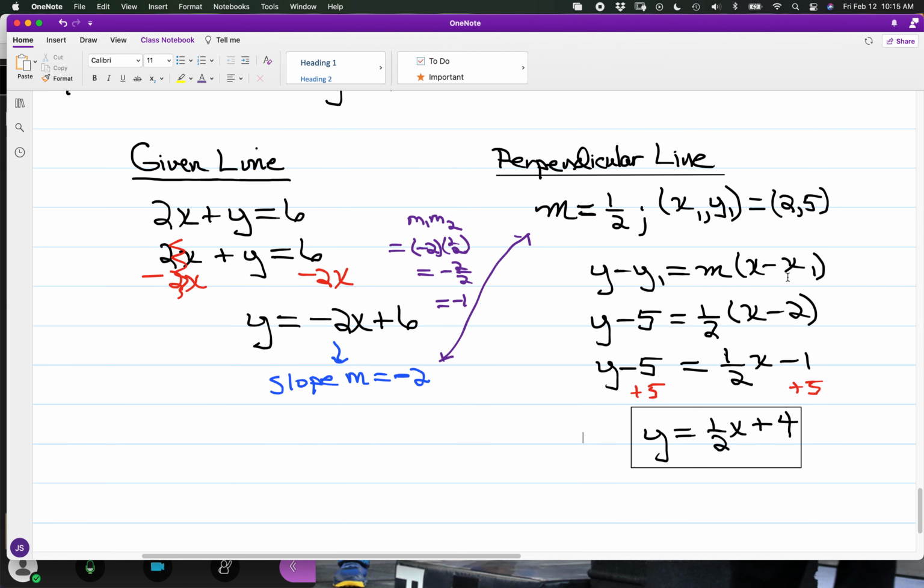Okay, so you have y at 5, and I want the right hand side once again to be at 5. So here we have 1/2 of x is 1/2 of 2, which is 1, and 1 plus 4 is equal to 5. So we do have consistency throughout.